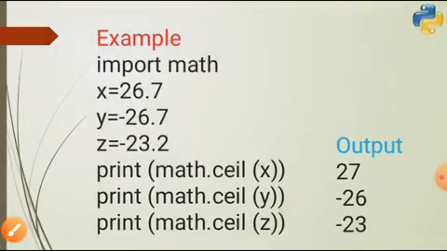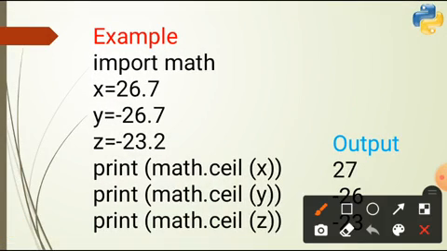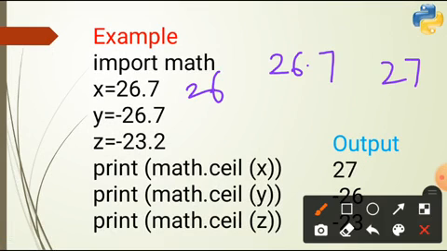Okay, now we move on to the example. The same values are given here. 26.7 lies in between 26 and 27. Which is the greater value of the given value? 27 is the greater value. That is why the output 27 is described here.